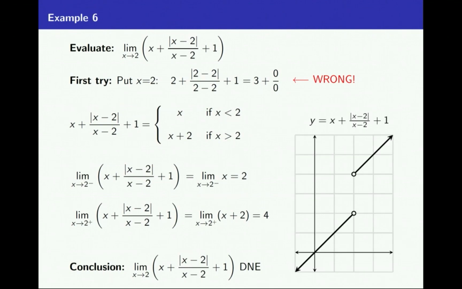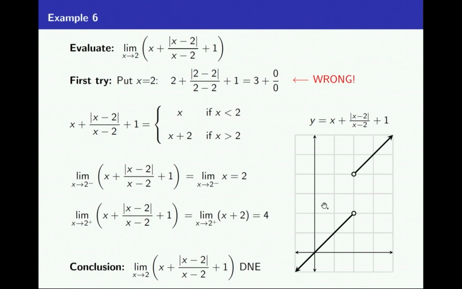You can see geometrically what's happening when you look at the graph of this function, x plus absolute value of x minus 2 divided by x minus 2, plus 1. For x greater than 2, the function is x plus 2. So y equals x plus 2 is a straight line with slope 1 and y-intercept 2.